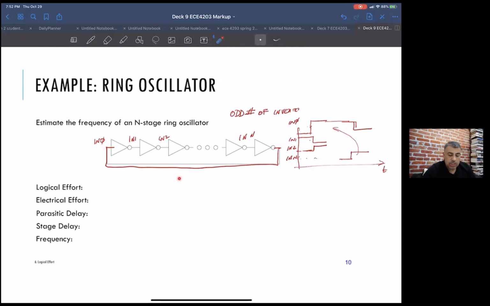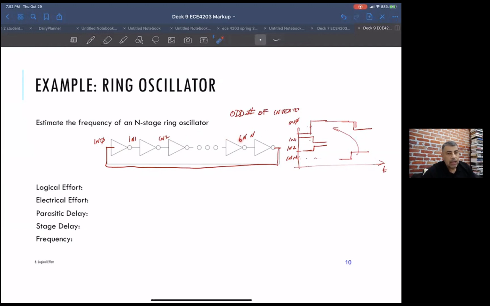And so you'll just get an oscillation. So if you just leave the circuit alone, a little bit of noise here will eventually get this guy to oscillate. By eventually I mean very, very quickly, by the way.